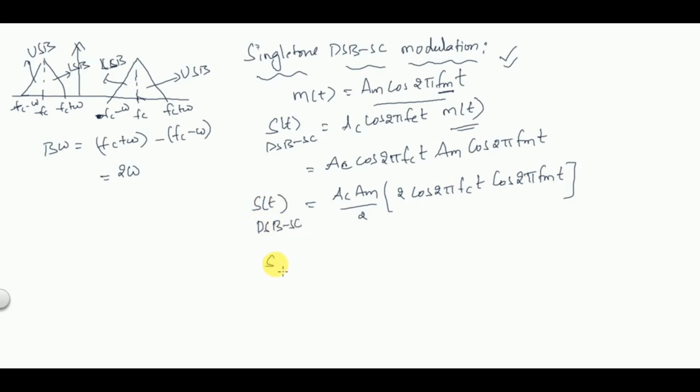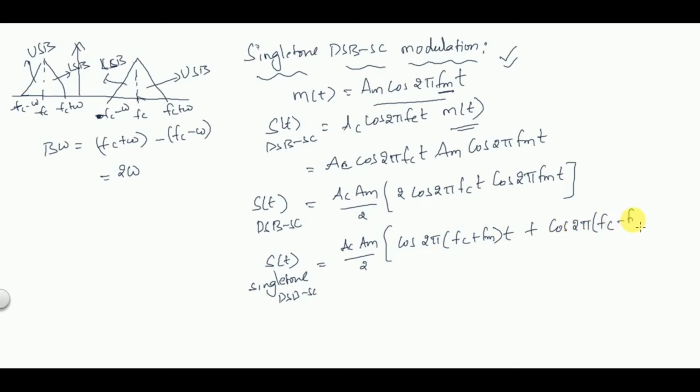So finally the single tone DSBSC signal is given by Ac Am/2 times [cos 2π(fc + fm)t + cos 2π(fc − fm)t].